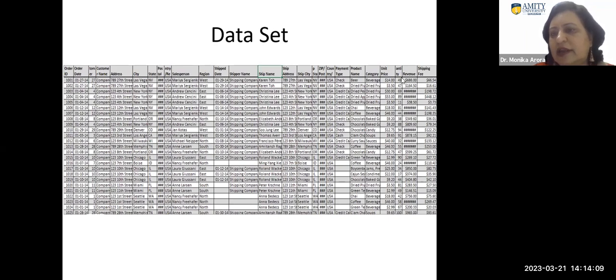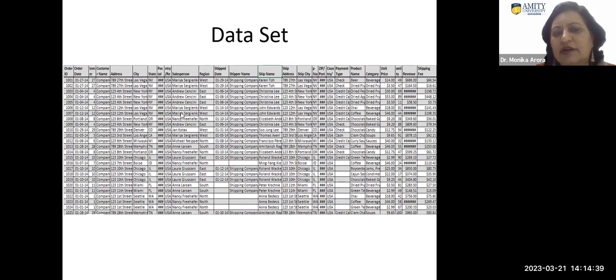My revenue depends on the quantity and the unit price. And if I get my revenue with respect to the product, I can see which product is more popular. Then I can go for region, and the salesperson is again important for me, because how much of the salesperson's efforts have gone into the sales or the revenue is very, very important for me.